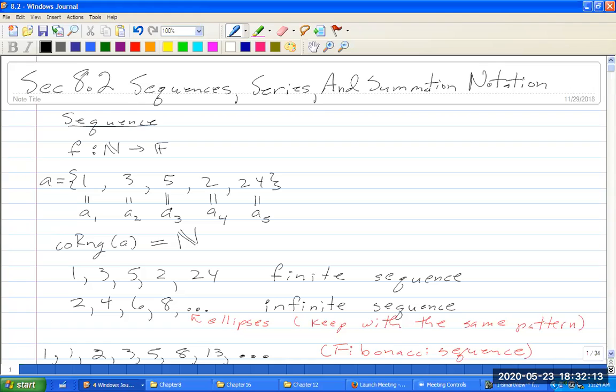The sequence 1, 3, 5, 2, 24 is a finite sequence. It just has a finite number of terms. The sequence 2, 4, 6, 8, ... is an infinite sequence. These 3 dots are called ellipses. And this just means keep continuing with the same pattern.